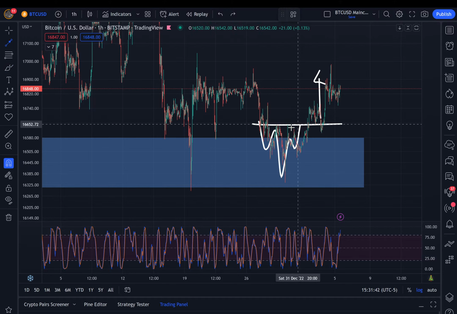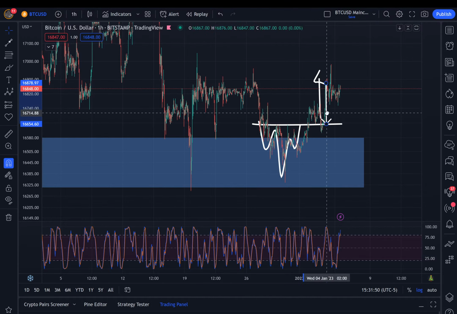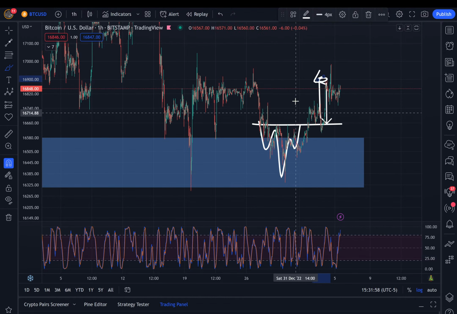We can do that with an arrow here, okay? And you should basically get your target, okay? So that's your technical target right there, and it was met. So the technical target for this breakout has been met, all right? So this is small time frame analysis, okay?